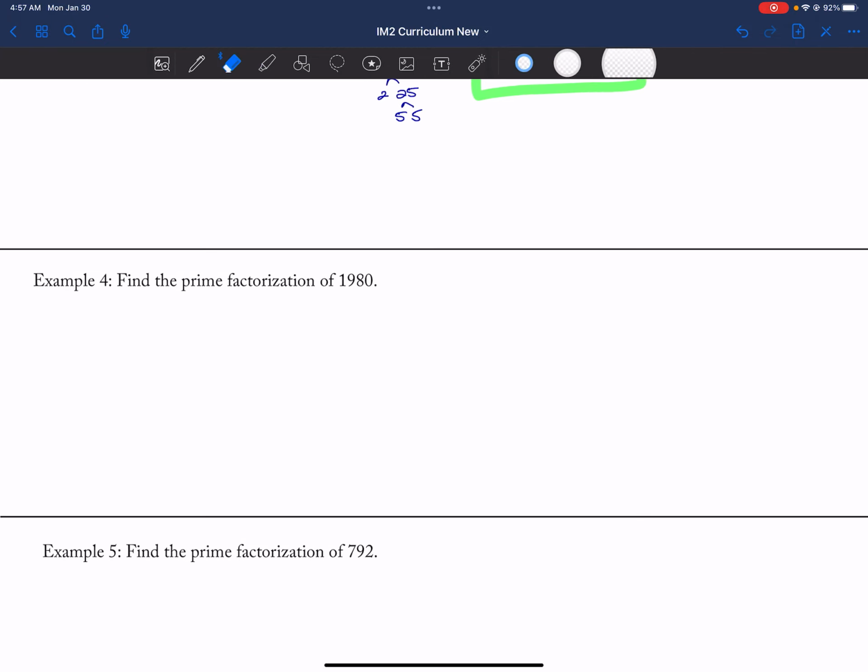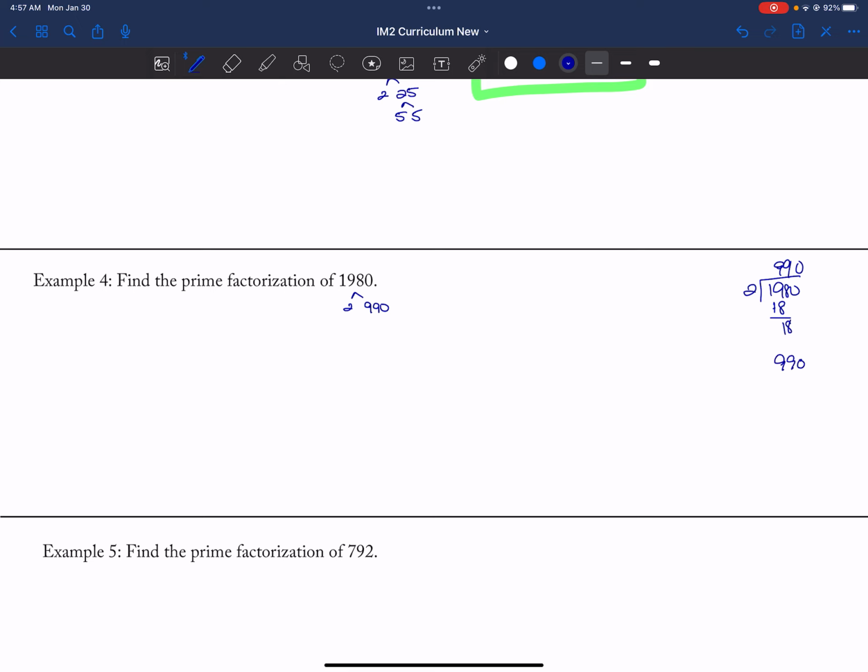Okay, 1980. So I'm going to divide by 2, right? Now, here's the thing. Maybe you and arithmetic don't get along very well. So when you do 1980, maybe you can't do that in your head. So I would just do the little arithmetic on the side, and I'll do it here and there just to make you guys feel better about doing it. But in the end, if you have to do the arithmetic, then just do it.